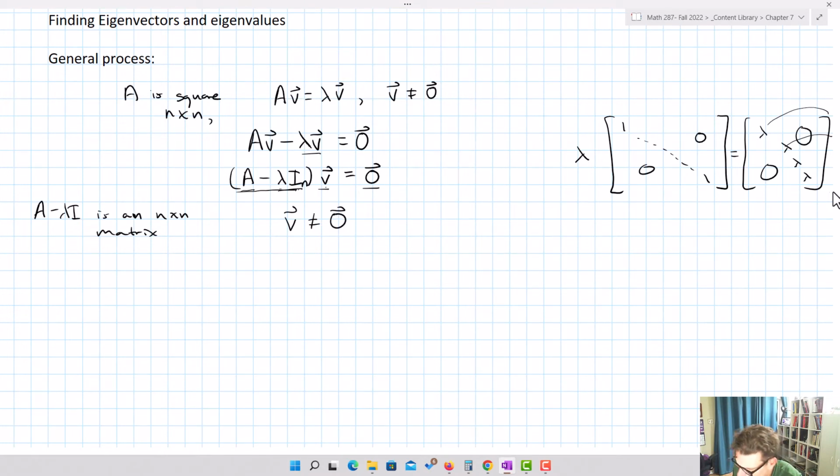So we have a non-zero vector times A minus lambda I, and it will equal 0. What that means is that the column vectors of A minus lambda I are linearly dependent.